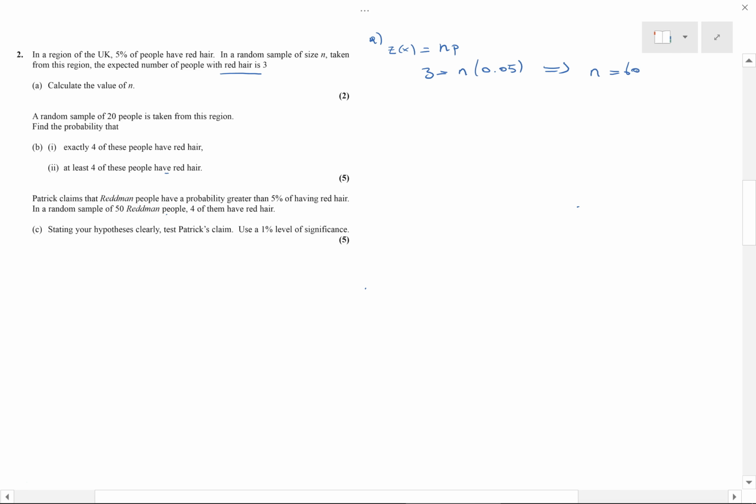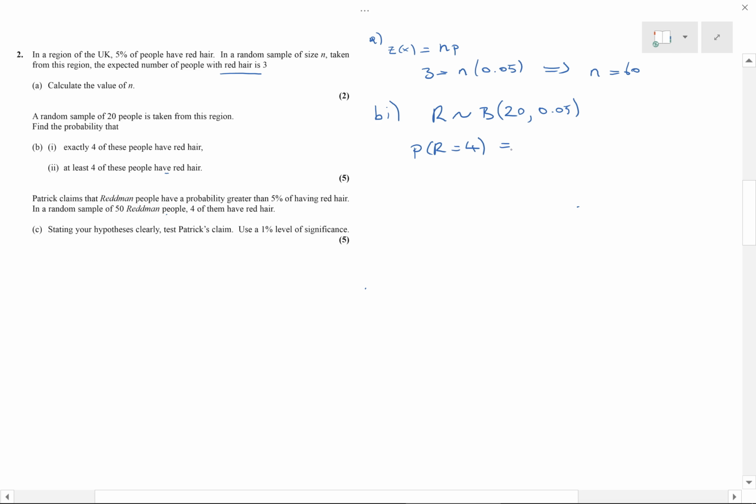So then it says a random sample of 20 people is taken from this region. Find the probability that exactly 3 people have red hair. So that's not going to challenge us, I don't think. Let's call it R, for red hair, let R be the random variable, binomial with n equal to 20, and the probability that they do have red hair is 0.05, and we want to find the probability that R equals exactly 4.